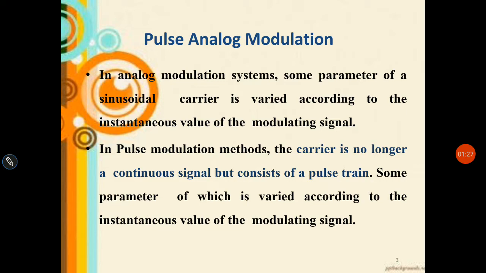In pulse modulation methods, the carrier is no longer a continuous signal, rather it is a series of pulses, that means a pulse train, some parameter of which is varied according to the instantaneous value of the modulating signal.